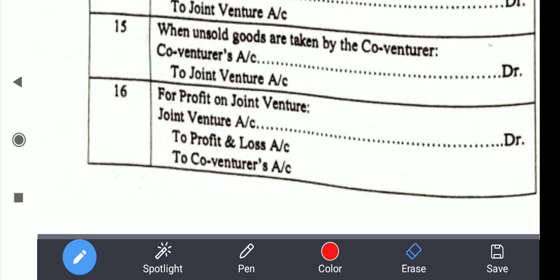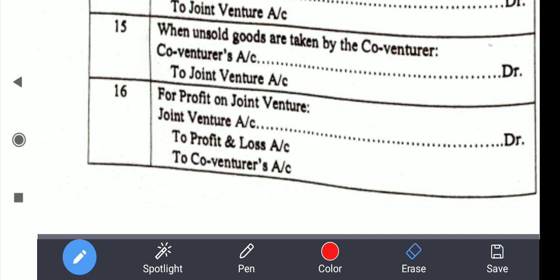The co-venture account is prepared to ascertain the amount payable to him or the amount receivable from him.